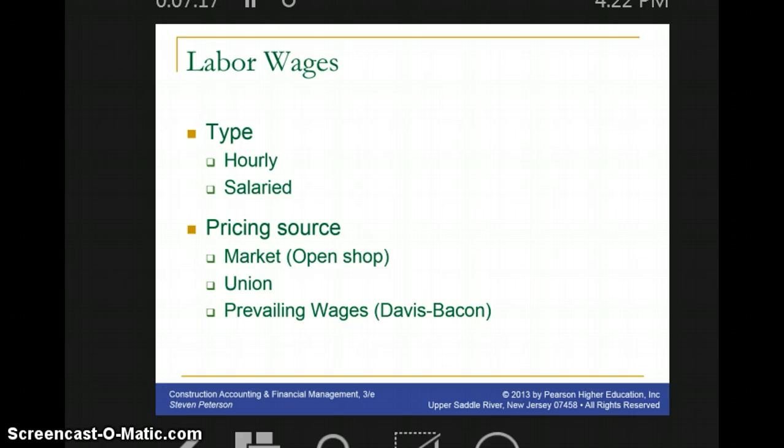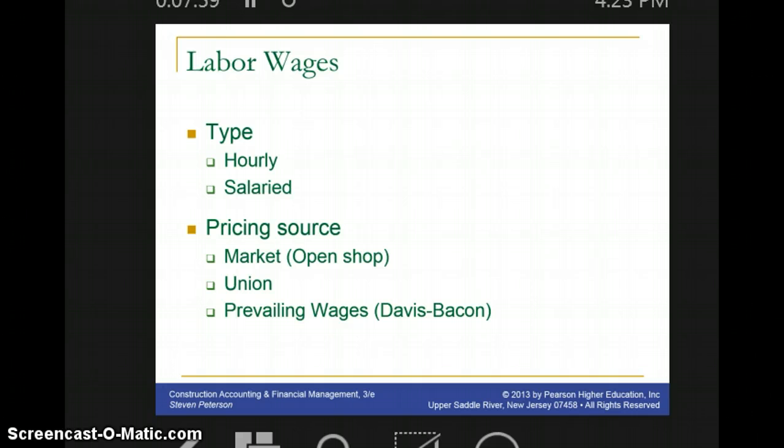The prevailing wage rates are based on a federal mandate under the Davis-Bacon Act. This is a federal law that was passed many years ago, back in the early 1930s, which essentially says that any construction project that receives federal funding is subject to the Davis-Bacon Act, which establishes hourly rates for all the trades, all the mechanics, such as carpenters, laborers, pipe fitters, plumbers, etc., at the job site.